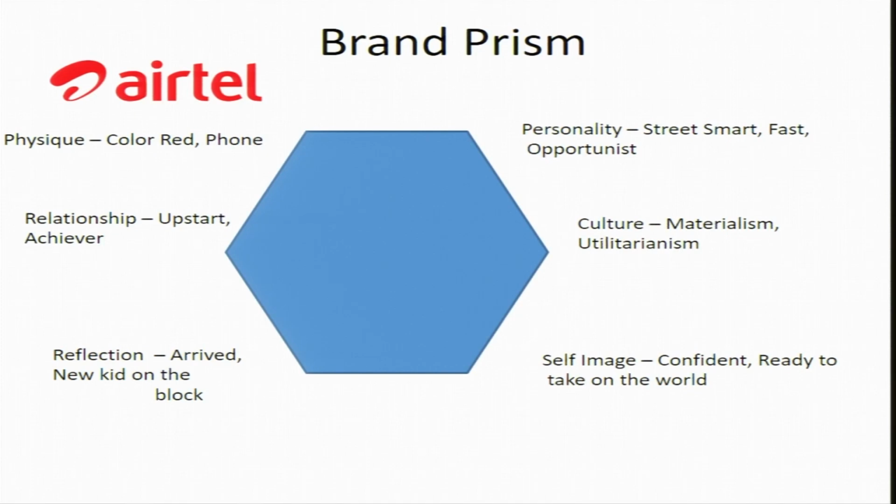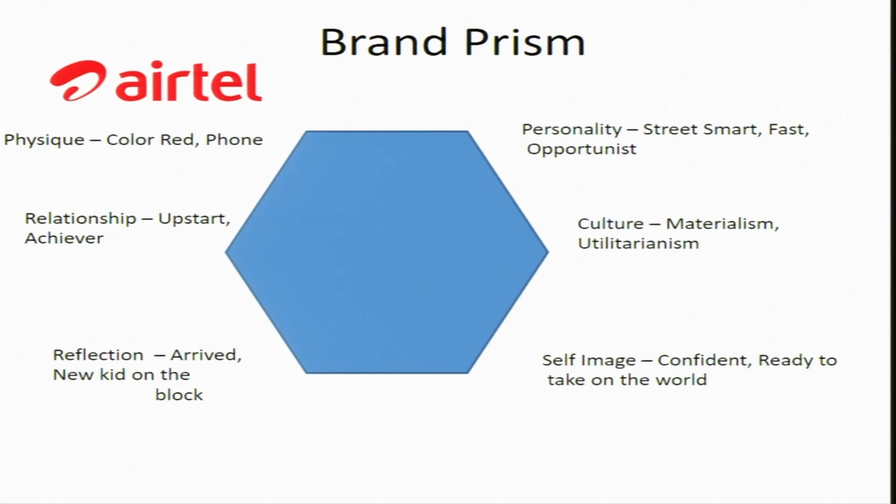Now, let us look at the 6 facets of the brand prism in the context of Airtel. Physique and personality correspondence, that we have spoken about. What we think of first when we think of Airtel is the physique, and the physique, if you remember from the last class, is that we immediately think of the color red, we also think of the mobile phone, because it is in the telecom industry.